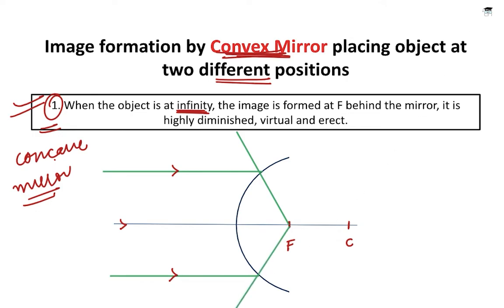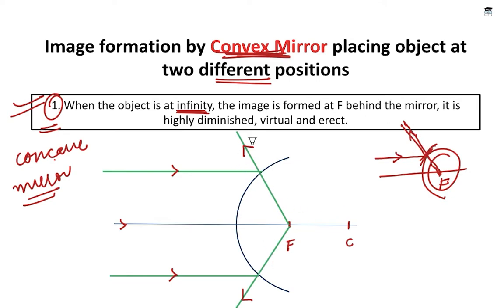So don't get confused. If this is the mirror, the parallel ray is coming from this side, reflecting at this point and reflecting like this, but it appears to be coming from the focus. It is actually not coming from the focus, but it appears like that.